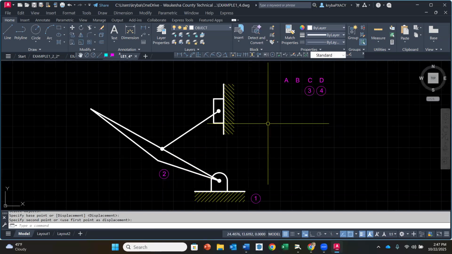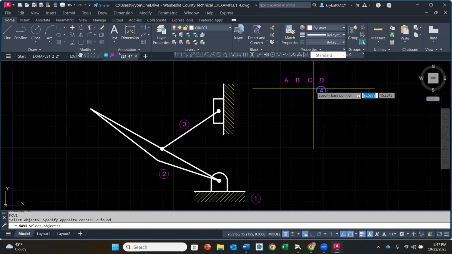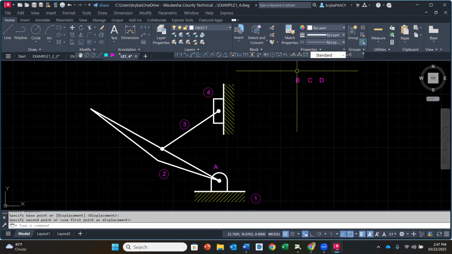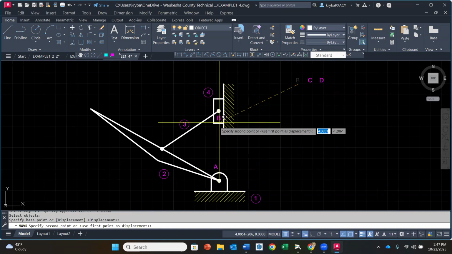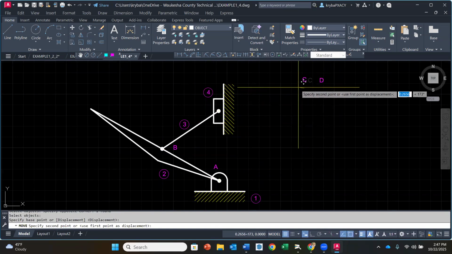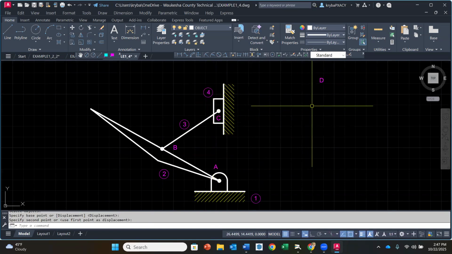And once you have that done, we need to do our mobility equation. So if you're ahead of me, go ahead and get started on that. And we'll do it together in just a bit when I get mine in place.